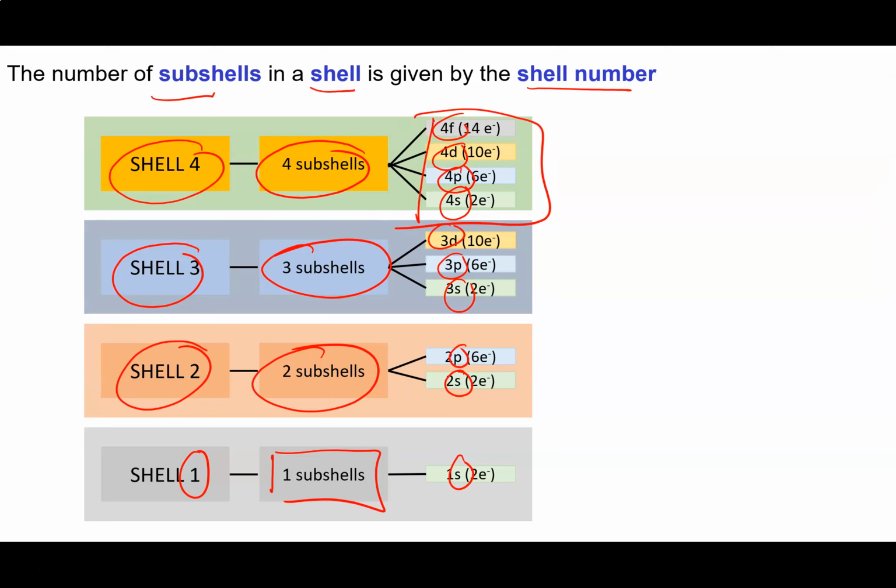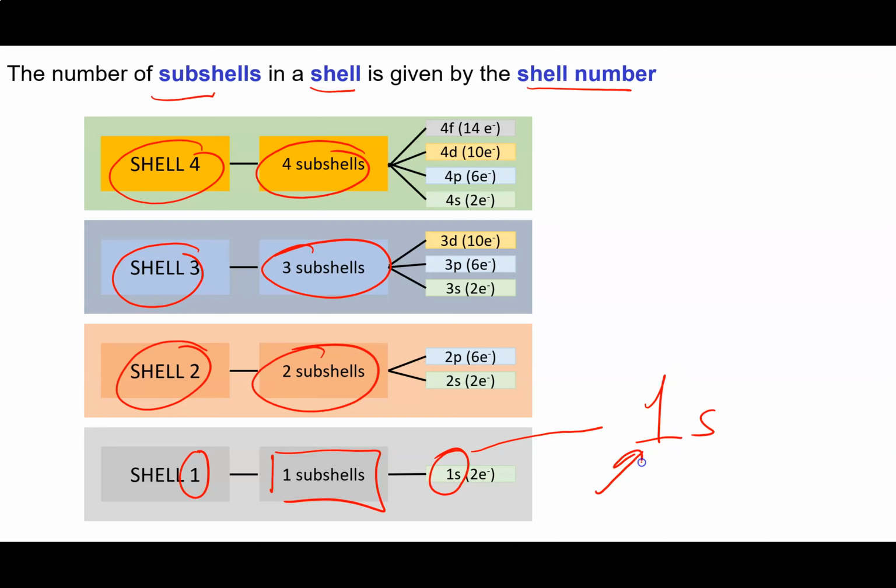So pretty straightforward. Now, what is this little notation that I've got on the side here? We can indicate a subshell using this notation. This is telling me the shell number. This is telling me the subshell type.